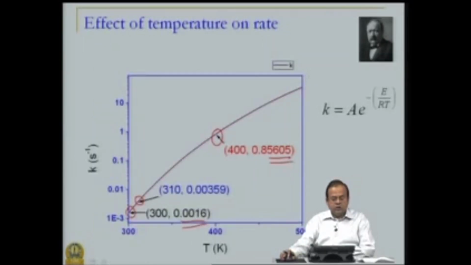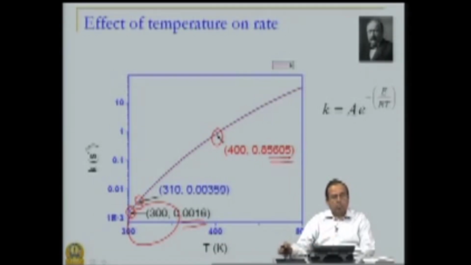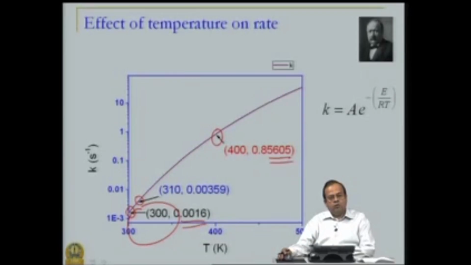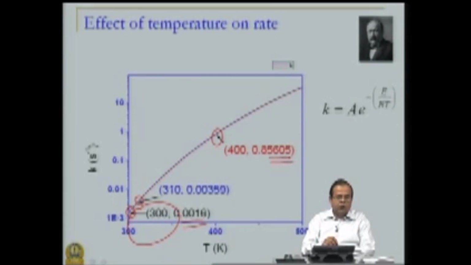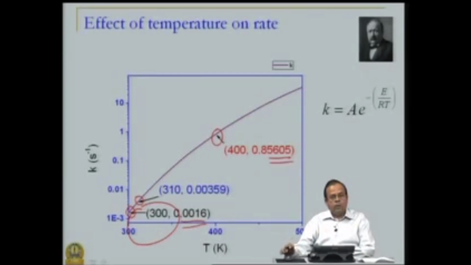Now, why is this crucial? This is crucial because when you are operating reactors, and let us say you have designed everything to operate in temperatures in this range, and for some reason your temperature controller fails and temperature starts increasing, the increase may not be dramatic, it may be 10% or 20%, yet the rate of reaction increases quite dramatically, 2 orders of magnitude for less than 1 order of magnitude increase in temperature.